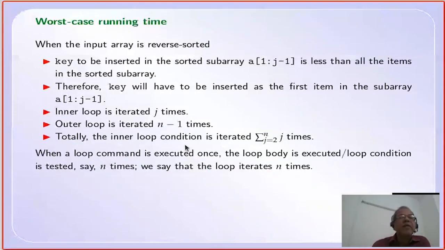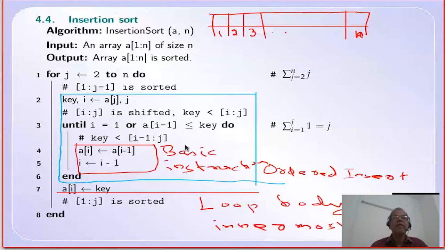Worst case running time. When does it happen? When the input array is reverse sorted. Suppose we want to sort it in ascending order, but actually the input is given sorted in descending order. This is j minus 1, and this is j.